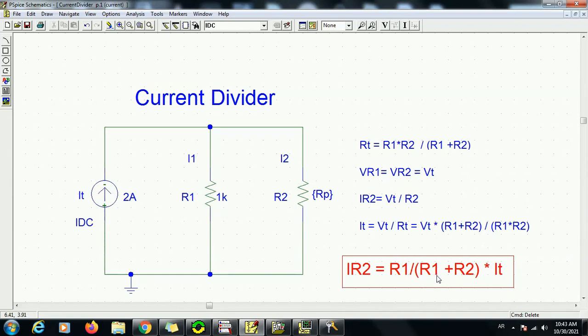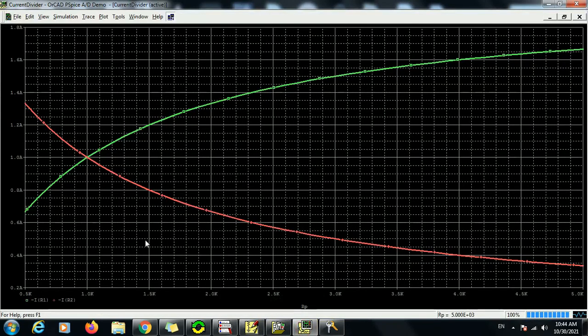So we expect that the changes in the current passing through this resistor will also be non-linear with respect to the changes in the resistor R2. If we look at the schematic that we have here, in green we have the current passing through the resistor R1, which is the constant resistor, the 1 kilo ohm that we have, and the red is the current passing through our variable resistor, the R2, or the load that we have.